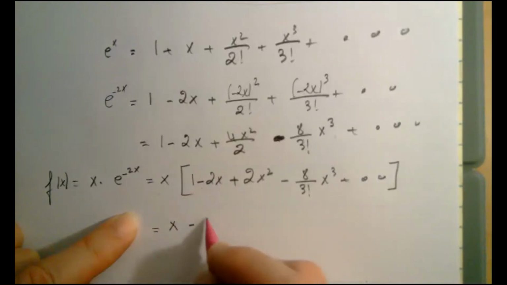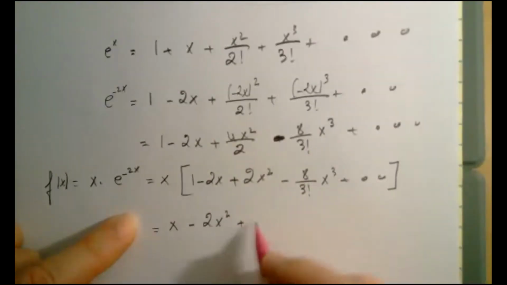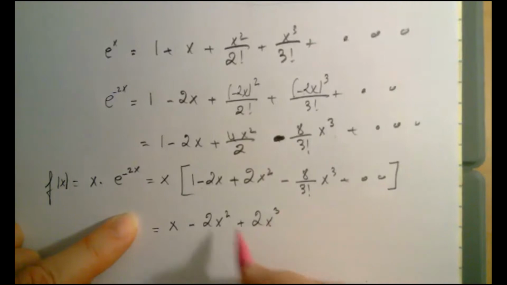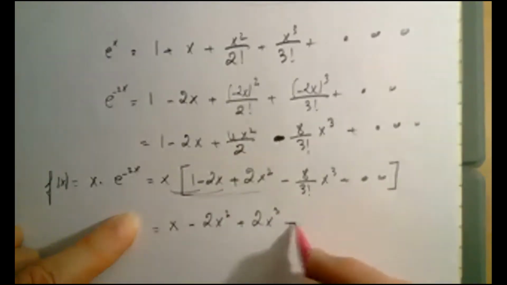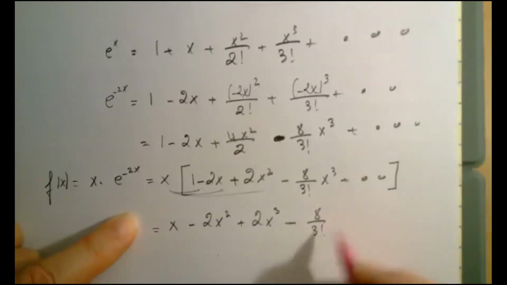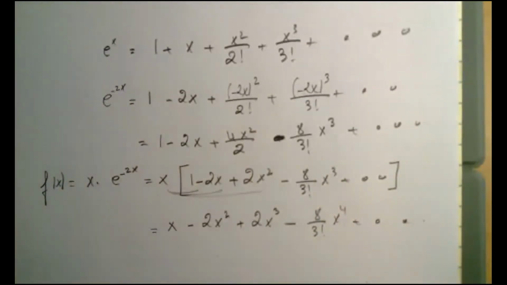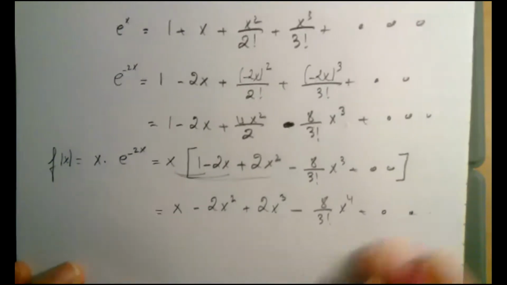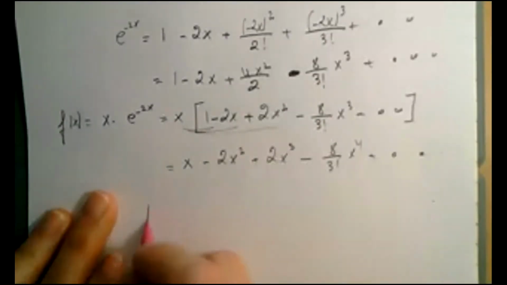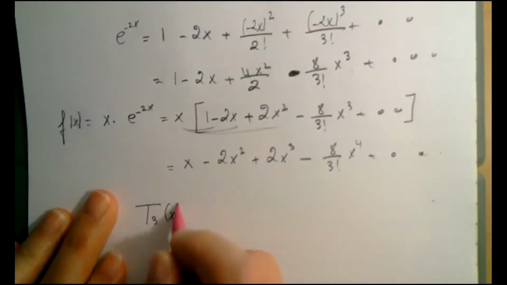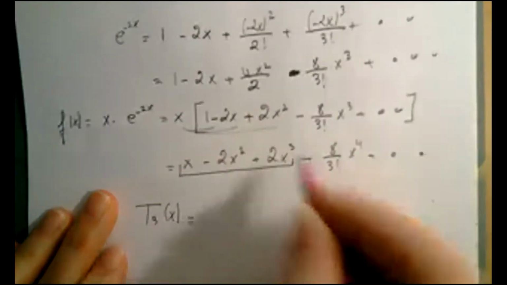Now I multiply: minus 2x squared plus 2x cubed, so I'm distributing, minus 8 over 3 factorial x to the power 4, and now I am safe. After that, I'm going to get x to the power 5. So the third degree Taylor polynomial will be those.